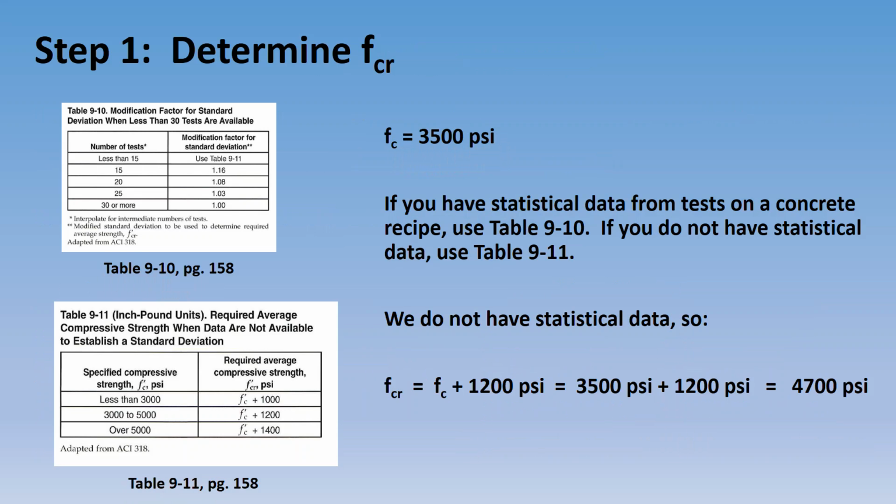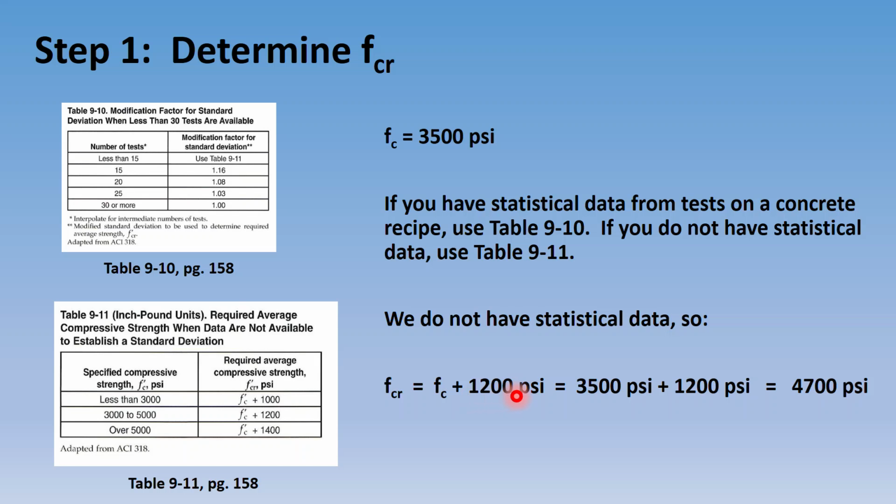We don't have any statistical data, so we're going to go to Table 9-11, which basically just gives us a very generous safety factor that we increase our PSI by. So we have 3,500 PSI. We come over here to the 3,000 to 5,000 range, and it says basically we're going to add 1,200 for our required compressive strength.